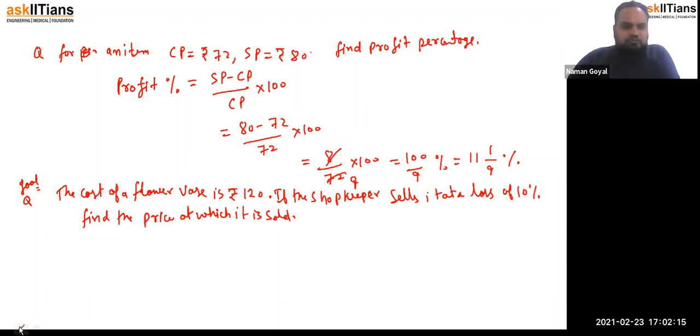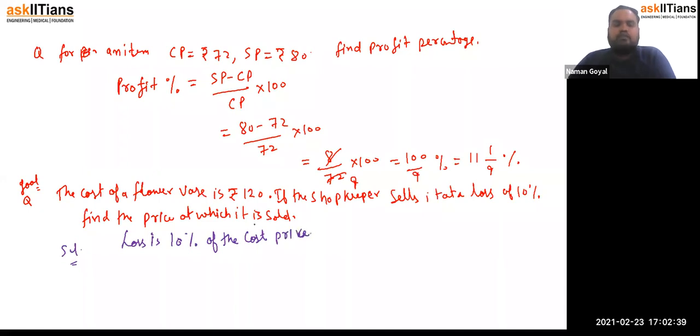So the solution: loss is 10% of the cost price, which is written as 10% of 120.